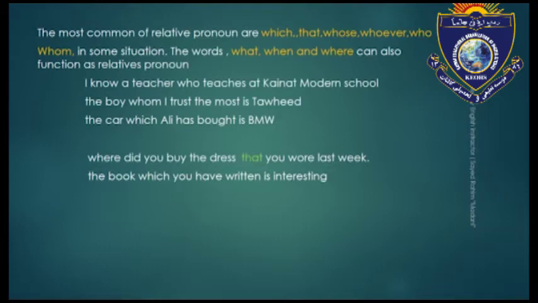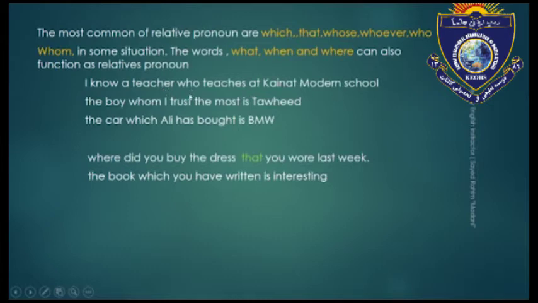I know a teacher who teaches at Kainat Modern School. Here, who refers back to the noun, which is teacher, or we can say who joins two sentences. Here, I know a teacher is one sentence, teaches at Kainat Modern School is another sentence.